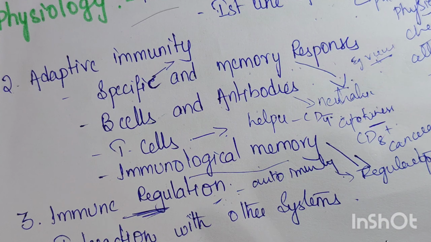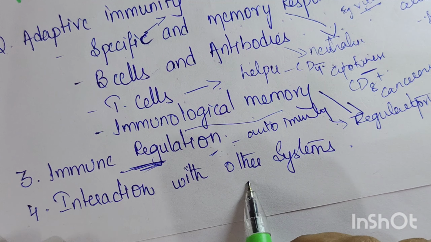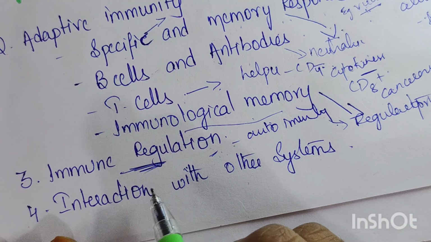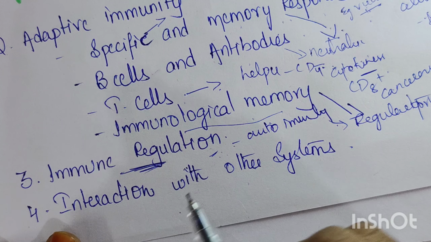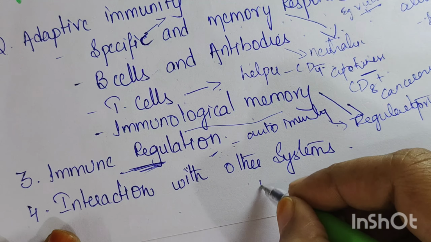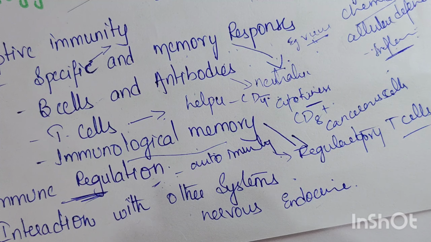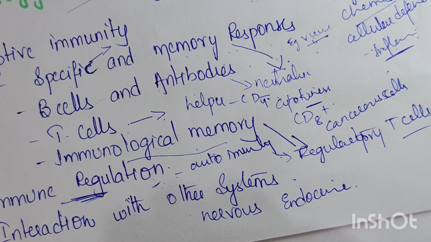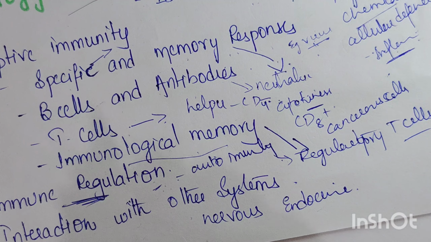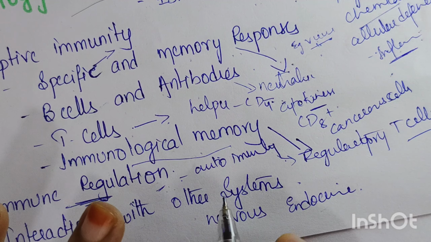Okay, then next is the interaction with other systems. In this, the immune system will interact with other systems like the nervous system, okay, then the endocrine system. For example, stress can influence immune function and the immune system can affect brain function and mood. So that is called the interaction with other systems.